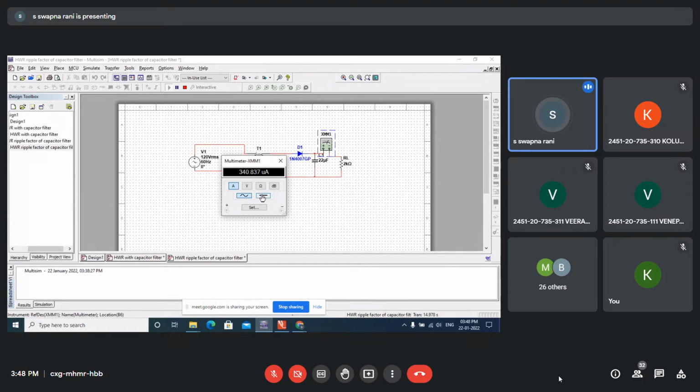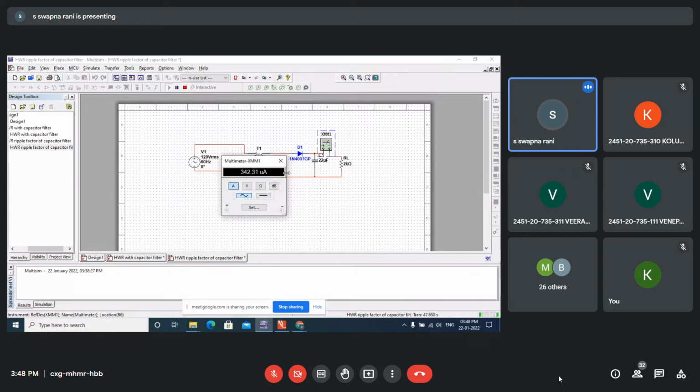One of you please note down the DC and AC current. The DC current is 3.45 and the AC RMS current is 341 or 342 microampere. In terms of milli, it will be 0.342 milliampere.